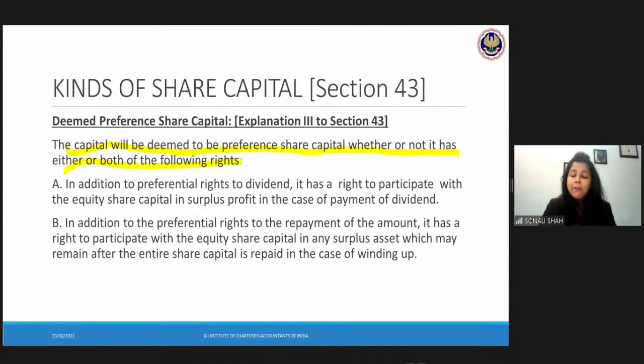So when the preference shareholder has a right to participate in that surplus profit, it will be deemed to be a preference share capital. Similarly, when the preference share capital has a right to participate in the surplus assets which are left behind after repayment in the case of winding up of the company, then also it is deemed to be a preference share capital. Are we clear on that?